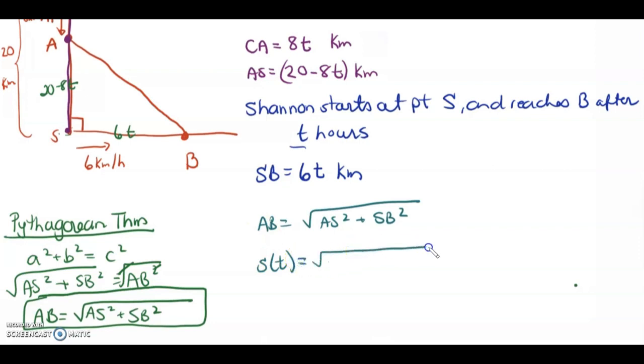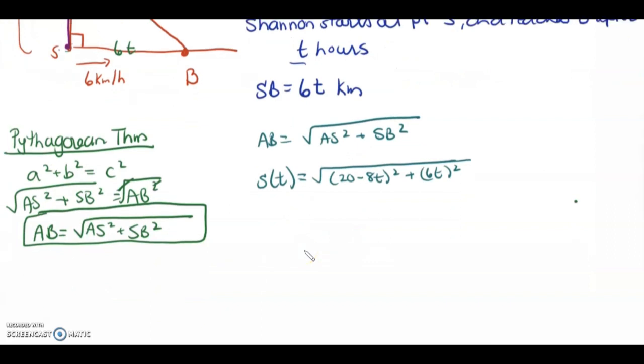AS squared is going to be (20 minus 8t) all squared, and then SB squared is going to be (6t) all squared. So now we have a formula of the distance in terms of t.